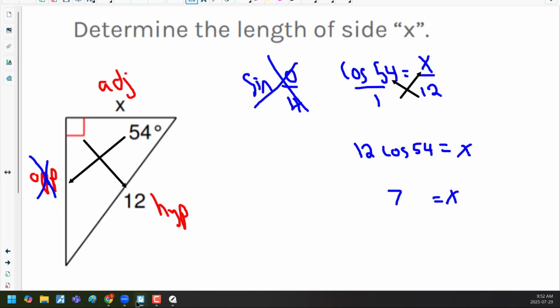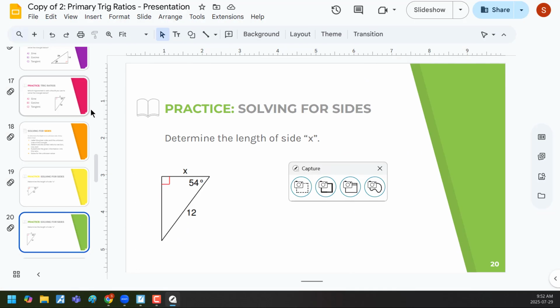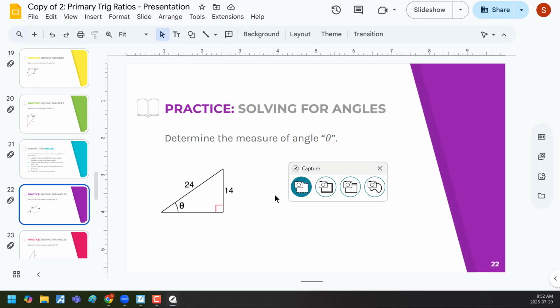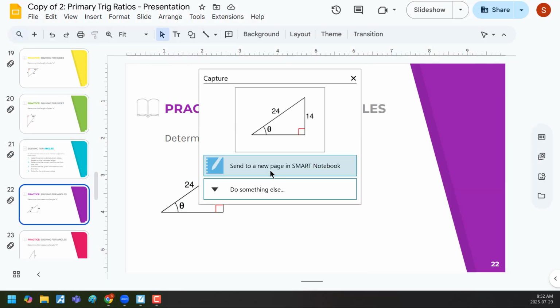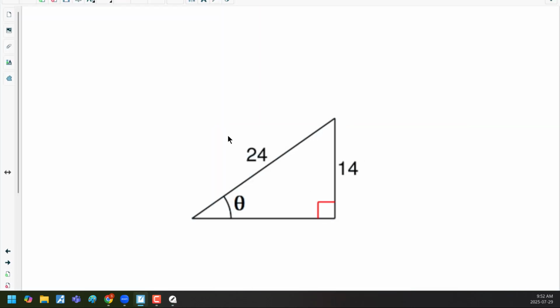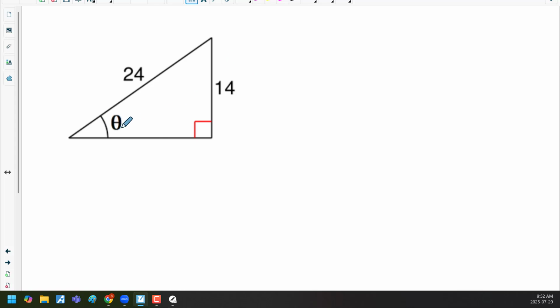Okay, going to go a little bit quicker because we're running out of time. Solve for angles. Same way. I'll show you how to do this quickly. How do you solve for angles? Do the exact same thing. Label your triangles.